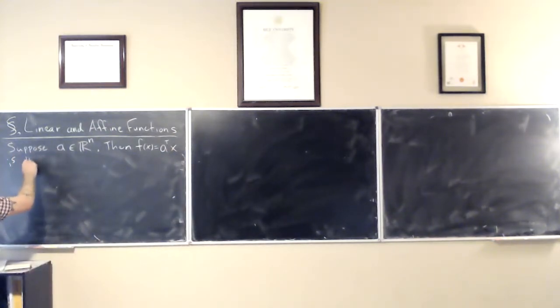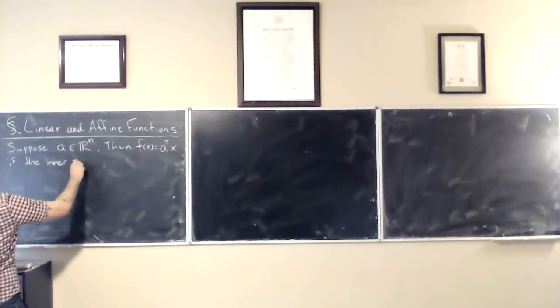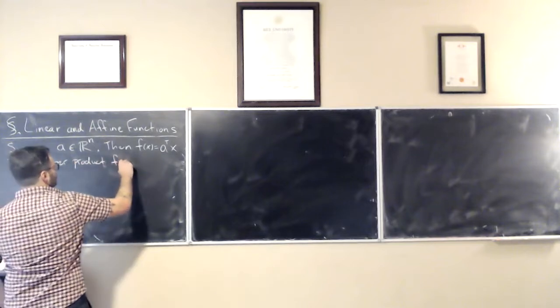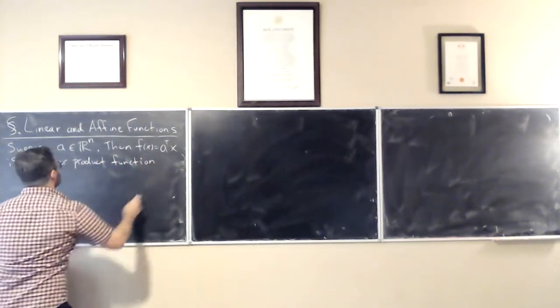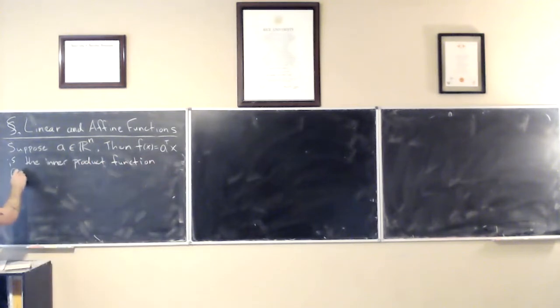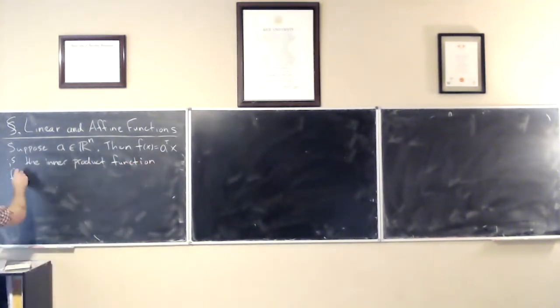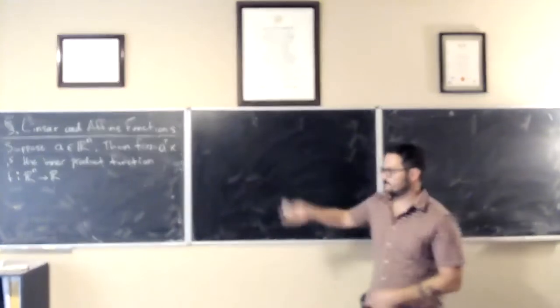This is the inner product function. Now, by definition of the inner product, the input vector x needs to have the same size as A, n dimension. So that means that f is a function that takes as input an n-dimensional vector. And we know that the inner product of two vectors is a scalar, so it just spits out some real number.